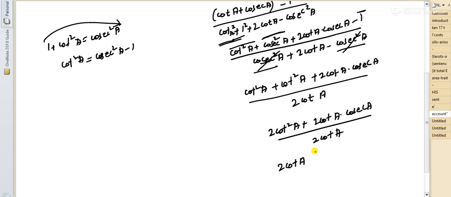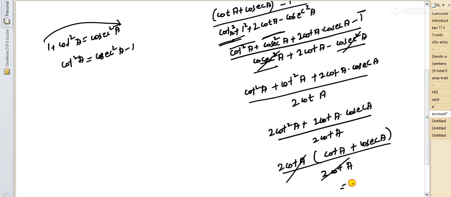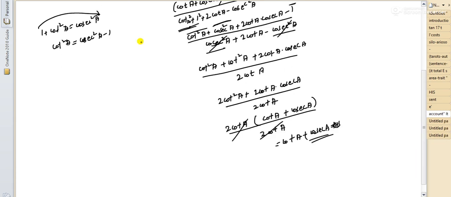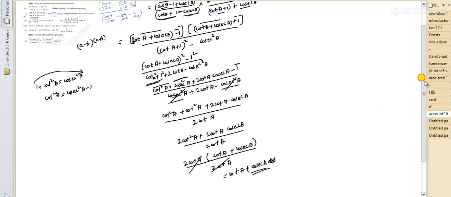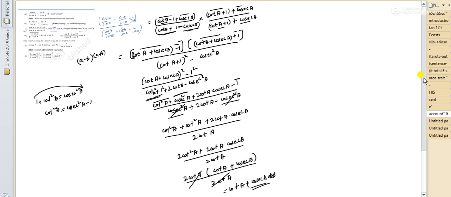So if I take that common, we will get cot A plus cosec A, and in the denominator we have 2 cot A. So on cancelling them, we will get cot A plus cosec A, which is equal to RHS. So I hope you have understood this. It's a little lengthy but simple. You have to just practice and you will get it. So I hope you have understood this question.